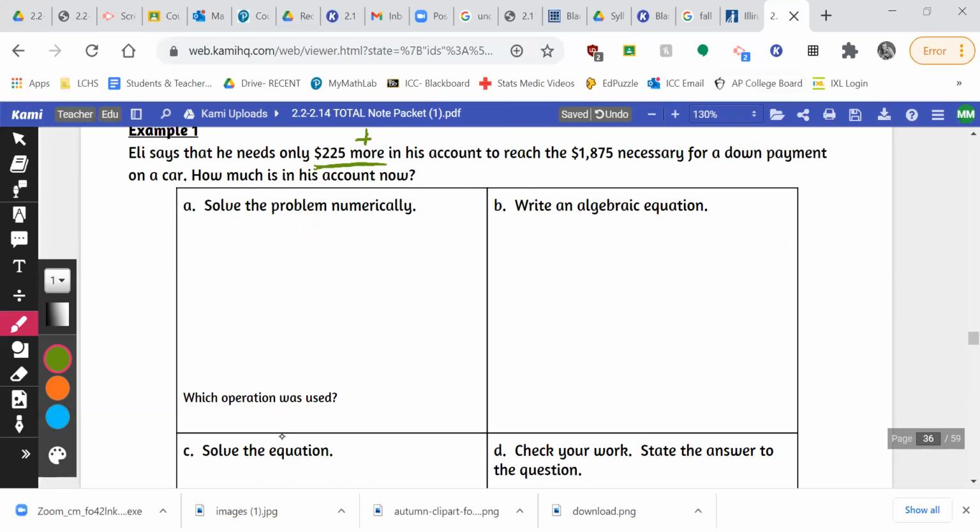So when I read this problem, I can see that Eli's account is $225 away from the 1,875 needed.